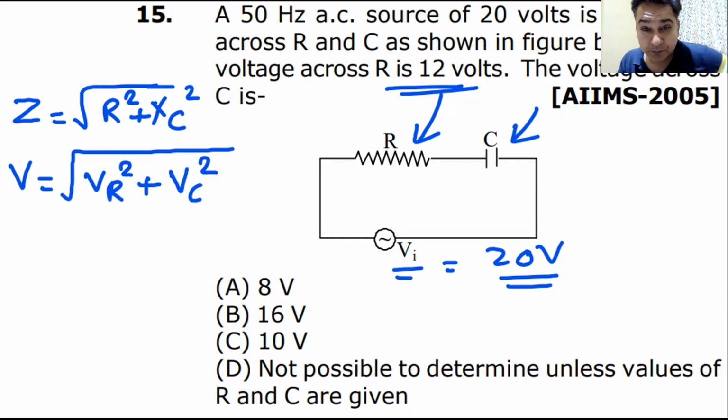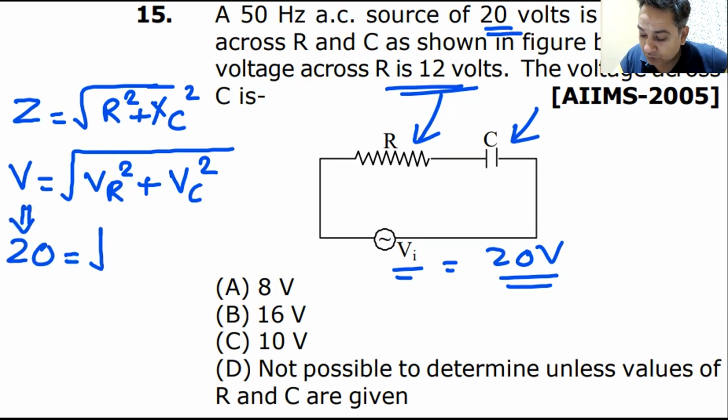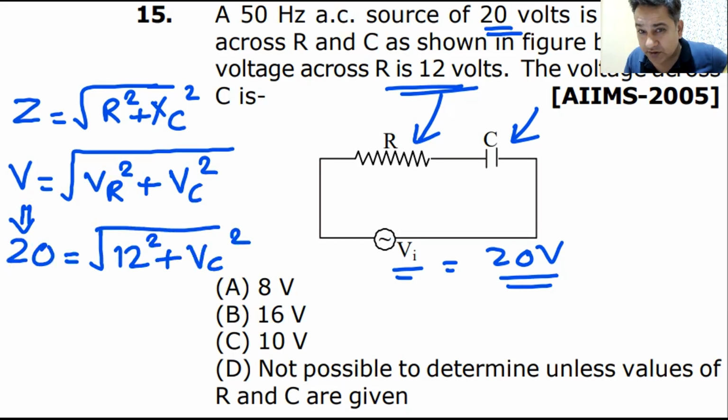Now I told you about Pythagorean triplets. Total voltage 20 is equal to under root of VR square, 12 square, plus VC square. Remember, Pythagorean triplets. 3, 4 and 5 are Pythagorean triplets.